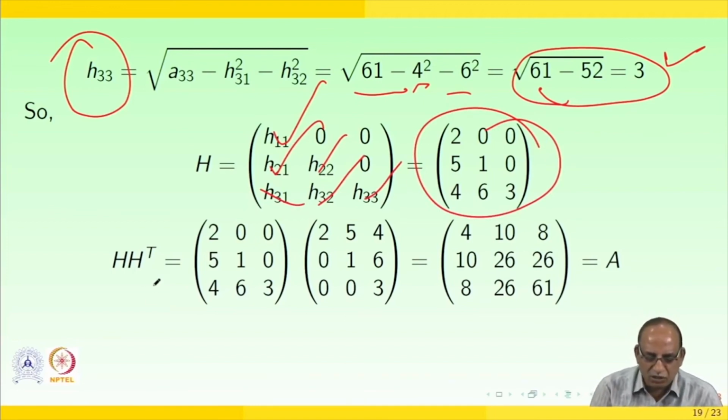And similarly H times H transpose: H is known here and H transpose is known here.